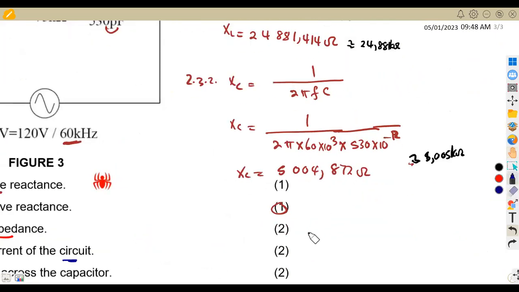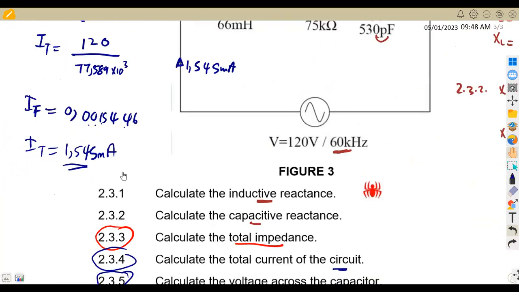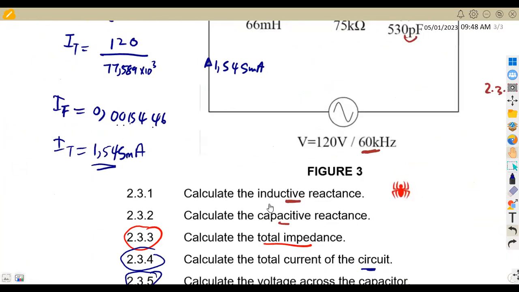So this is going to be 2.35. VC, which is the voltage across the capacitor, is going to be the total current times the capacitive reactance. The total current is not going to change, guys. This is our total current, 1.545 milliamps.